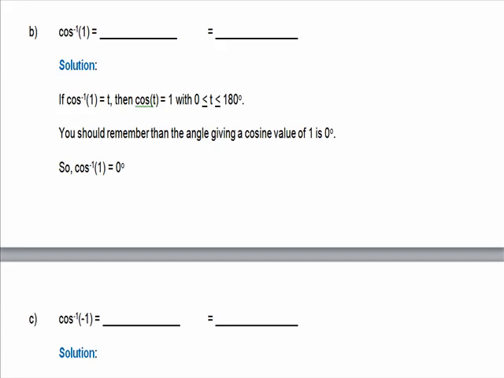Hopefully you remember that the angle that gives us a cosine value of 1 is 0 degrees. Think of our unit circle, go over to 0 degrees, think of the x value because cosine is the x value, and notice that when I'm at 0 degrees, the x value is in fact 1. So the inverse cosine of 1 is 0 degrees.